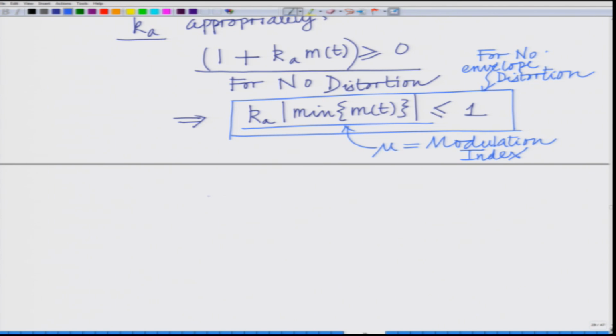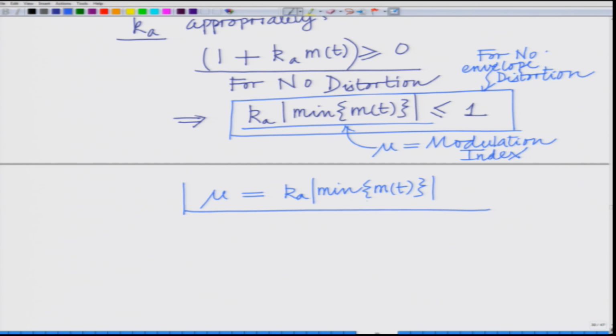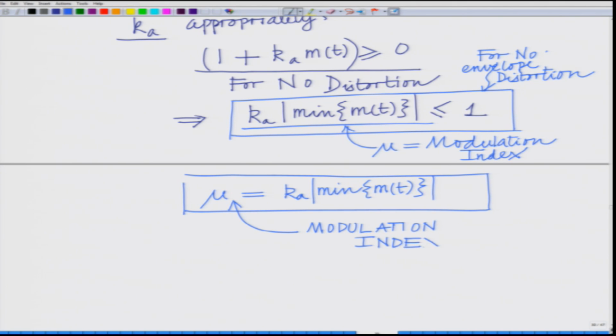The modulation index of this amplitude modulated system, mu, equals Ka times the magnitude of the minimum of Mt, where mu is the modulation index of this amplitude modulated system.